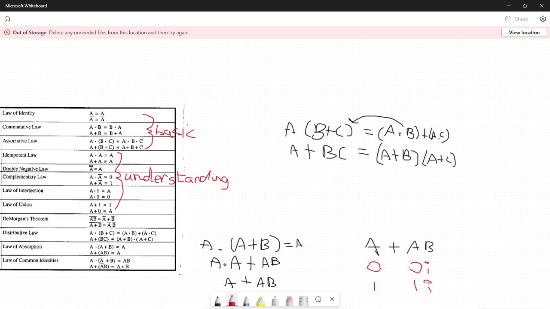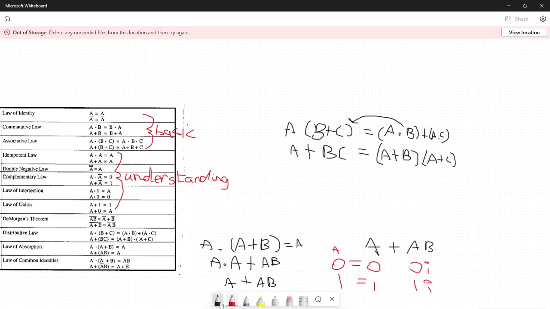Well, I mean, it's immediately going to be 0, so 0 plus 0, and then we know anything times 0 is going to be 0, so this is going to be 0 plus 0 is equal to 0, which is equal to A. And then this is 1, and since we're adding, we know this is immediately going to be 1. It doesn't matter if this is 0 or 1, it's going to be 1, because 1 plus anything gives us 1, which is also the value of A.